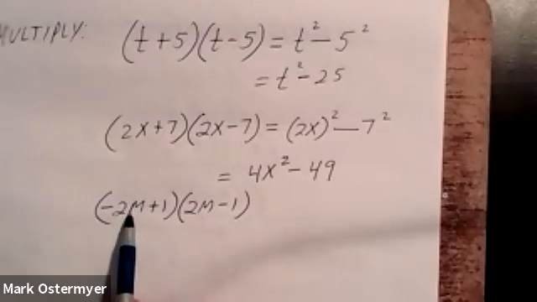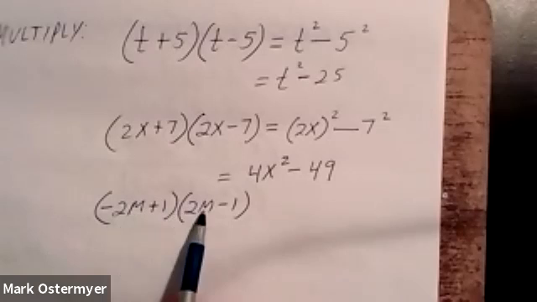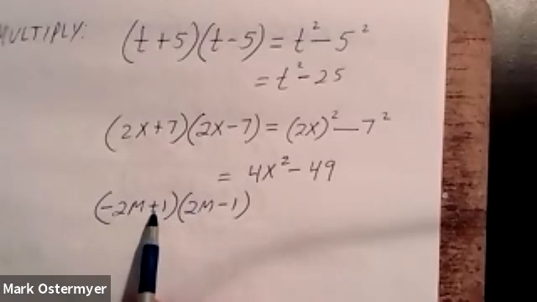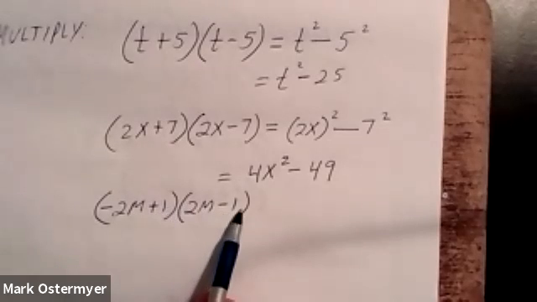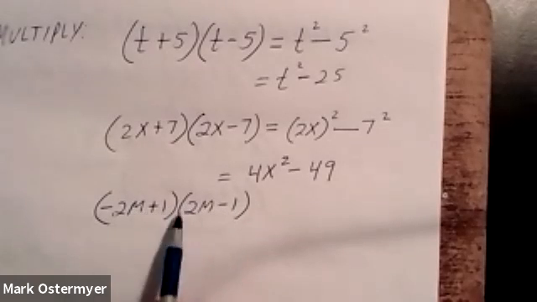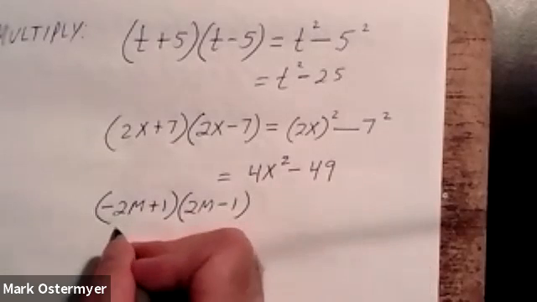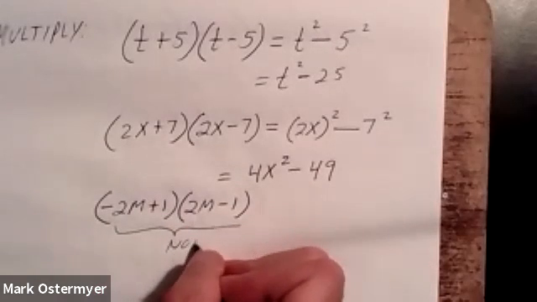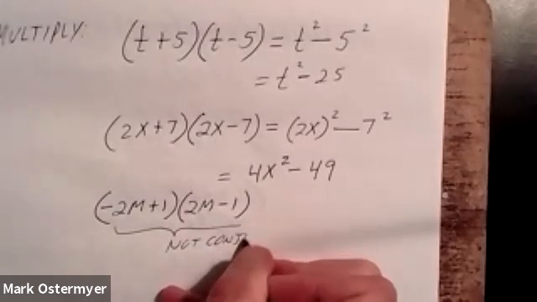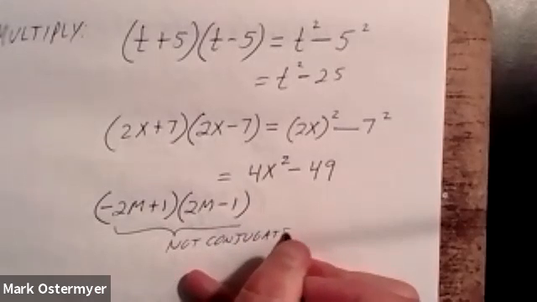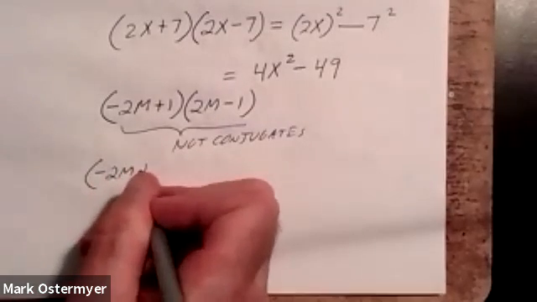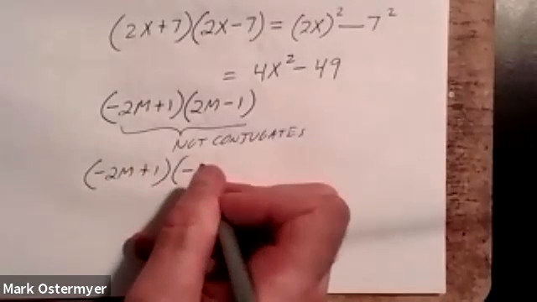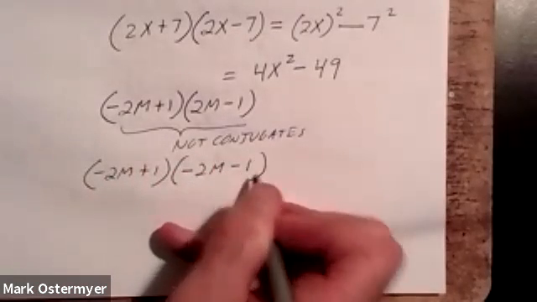This is a negative 2m, this is a positive 2m. Don't get me wrong, the signs in between the terms are correct, a positive and a negative, and the last terms are the same, but you're correct, these are not conjugates. So you cannot use the shortcut on this one. You would have to actually FOIL this out the long way. What if I change it to negative 2m plus 1 times negative 2m minus 1? Are these now conjugates?